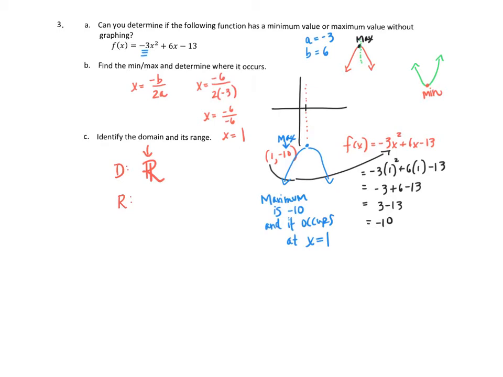Well, since it's going down forever, it's going to be negative infinity. So I'm going to do this in interval notation. And think about then what's your largest y value? Well, remember that's your maximum. So it's going to be negative 10. Now it can equal negative 10, so you're going to put that bracket.